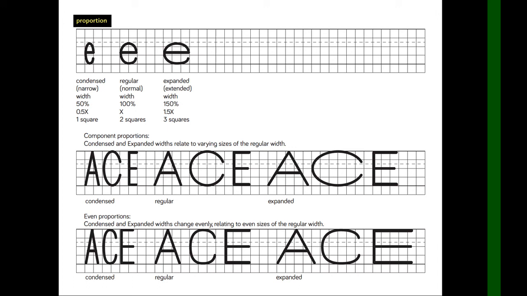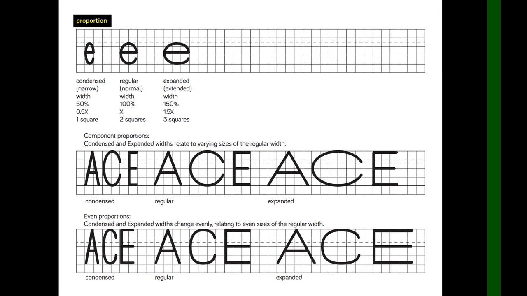So if we cut that width in half, the condensed A is 1.5 squares wide, the condensed C is 2 squares wide, and the condensed E is 1 square wide.